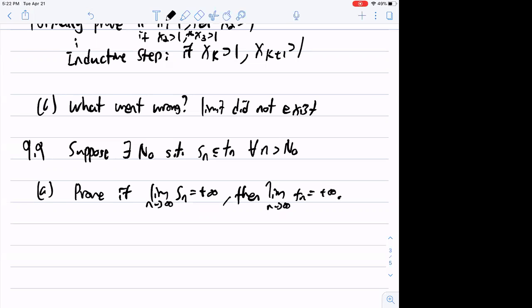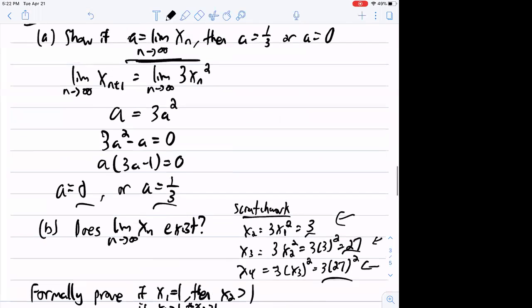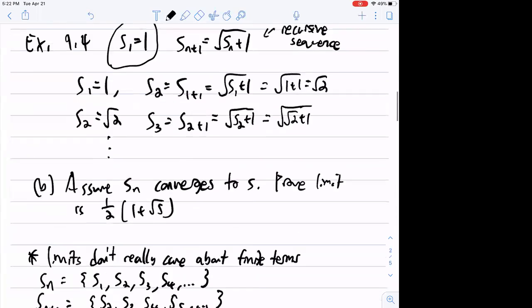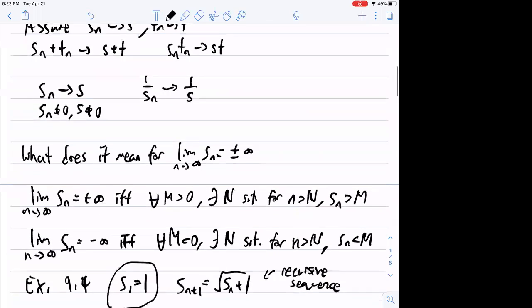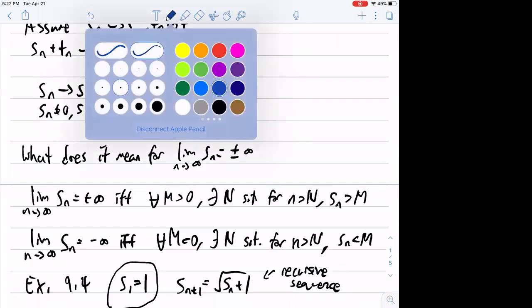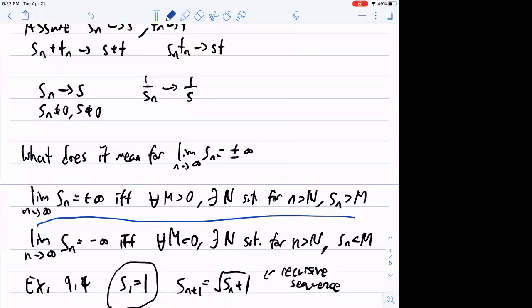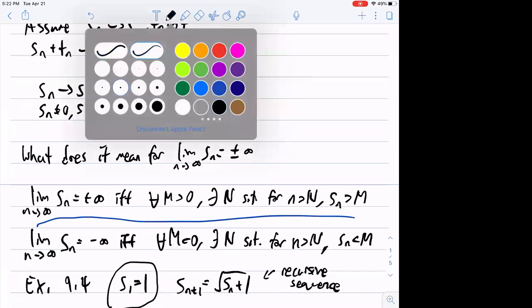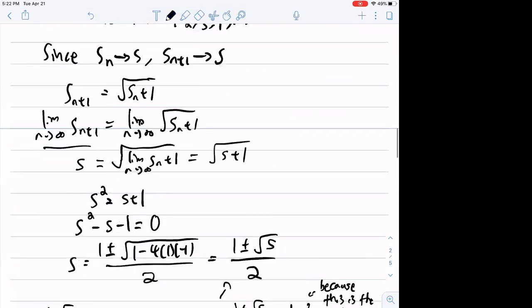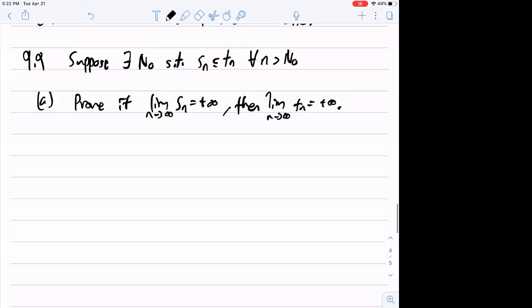So let me go up really quick and just remind you all what the limit to infinity means. So where was this, this was the definition, right? Right here. So for all m bigger than 0, there exists N such that for n bigger than N, Sn is bigger than m, right? So I'm just gonna rewrite that. So what do we know?